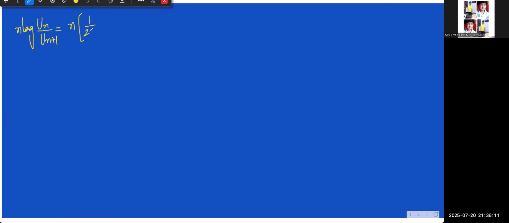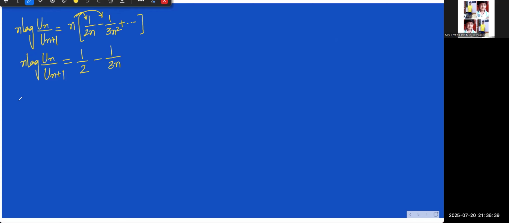And be careful, this n will be going to this term, this will be going to this term also. So n times log un by un plus 1 is equal to, n and n cancel, 1 by 2 left off, minus n and n square cancel, 1 by 3n left off.